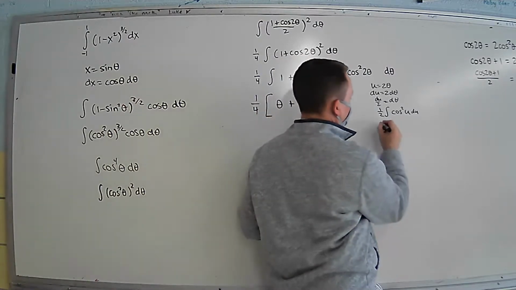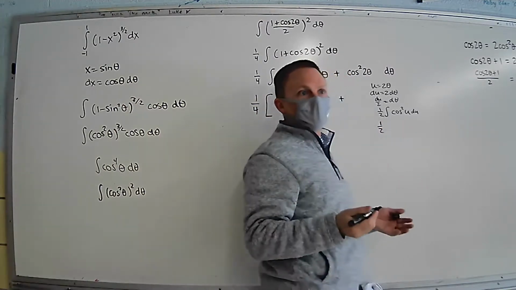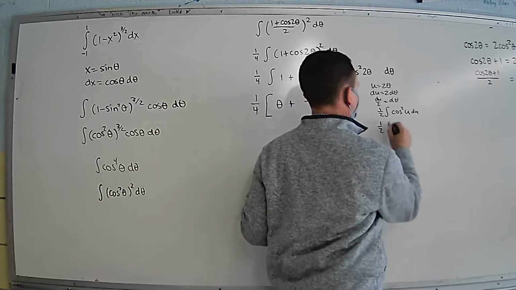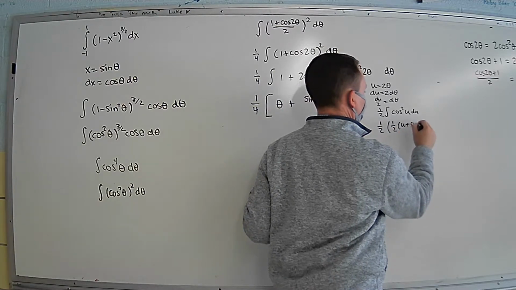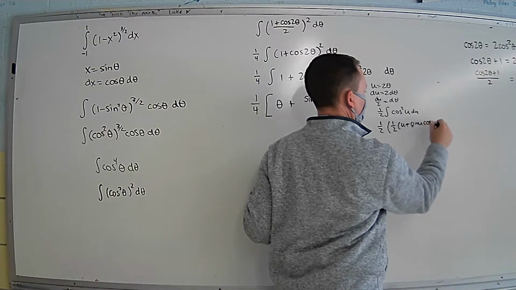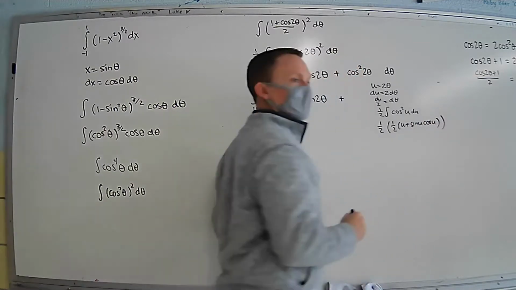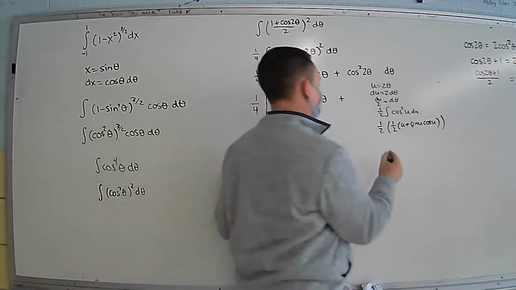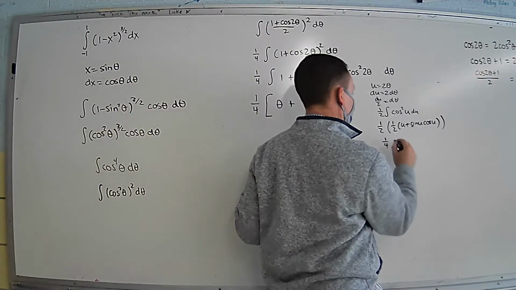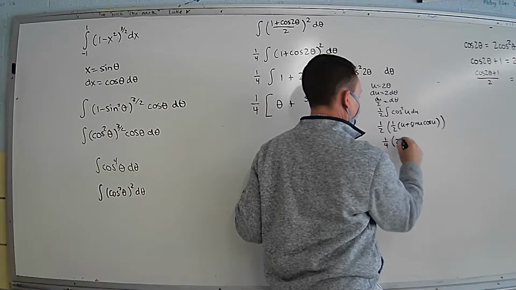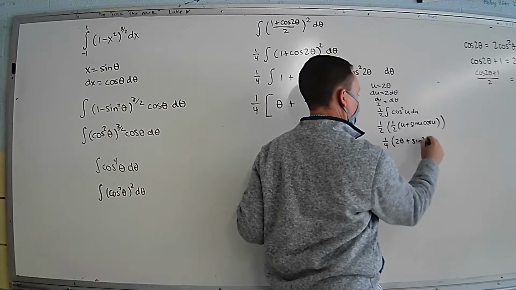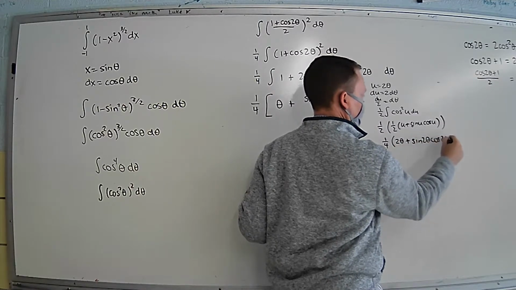Now I know the antiderivative of cosine squared. It's 1/2 times u plus sine u cosine u. And now go back and resubstitute. That's 1/4 times 2 theta plus sine 2 theta cosine 2 theta. Okay?